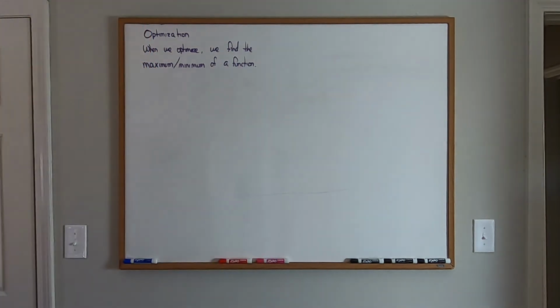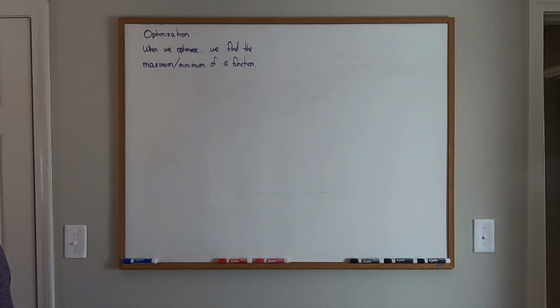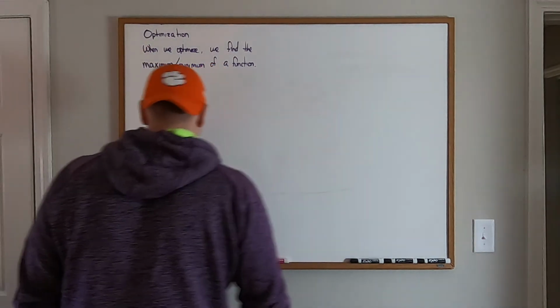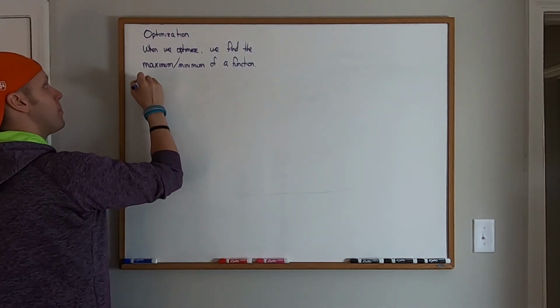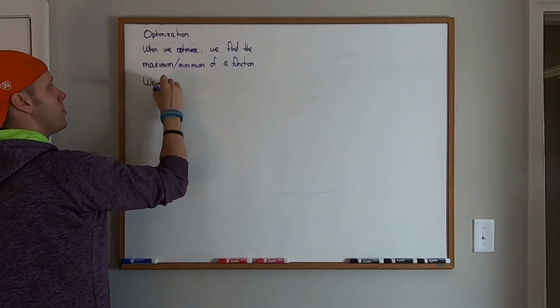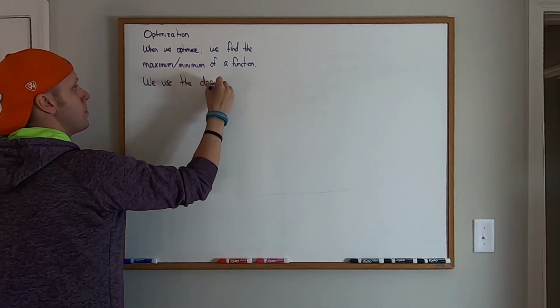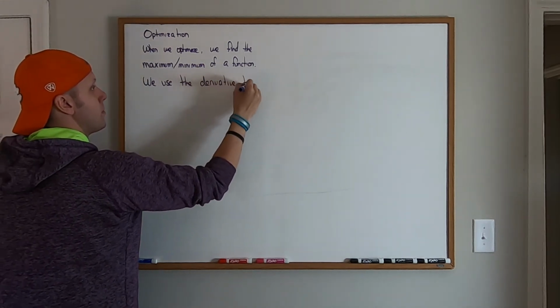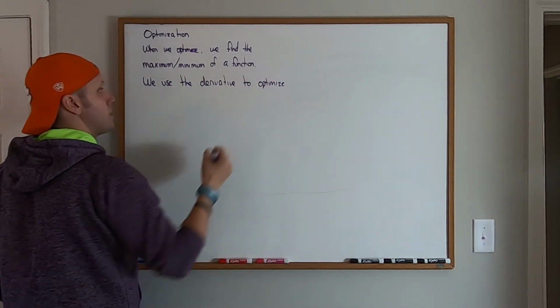Well, if only we had a tool to help us find the maximum or the minimum of a function. Fortunately for us, we do. What is that tool? Well, that tool is in fact a derivative. We use the derivative to optimize.